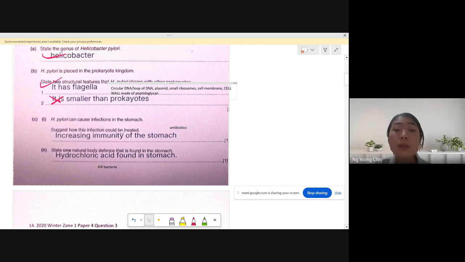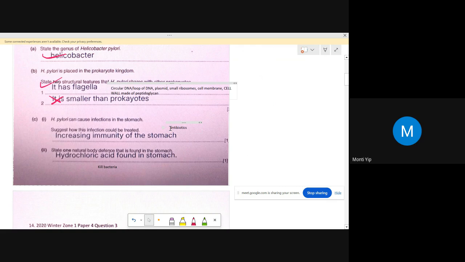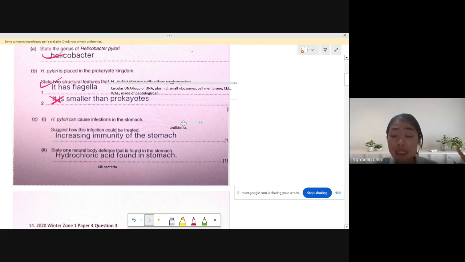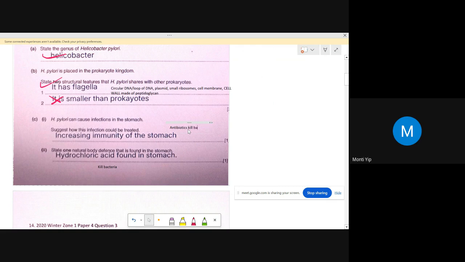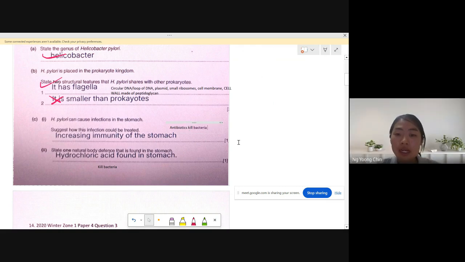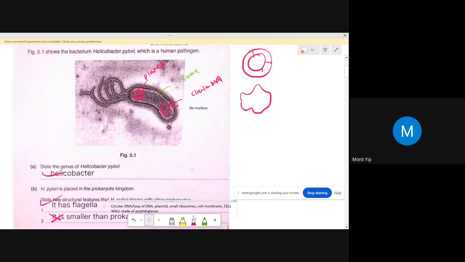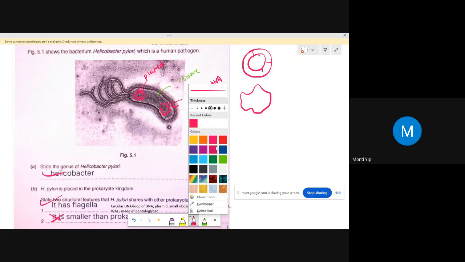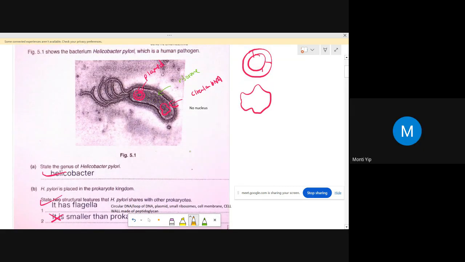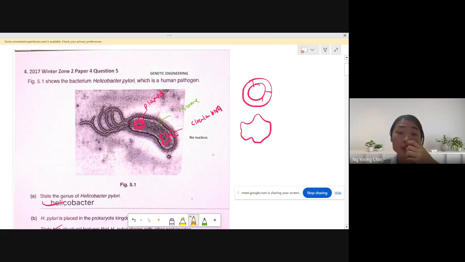Antibiotics. Yes, you treat the infection with antibiotics because antibiotics can kill the bacteria. Do you know how antibiotics kill bacteria?